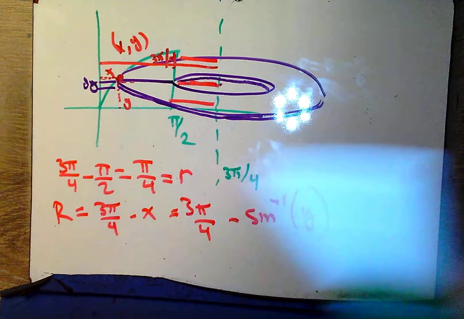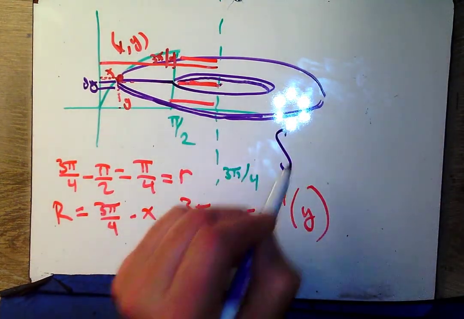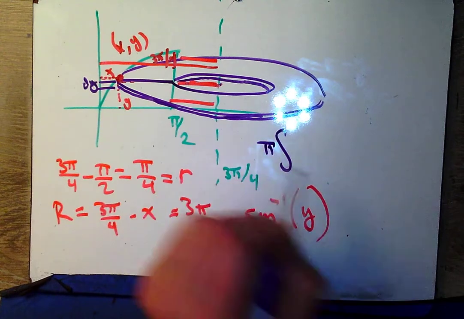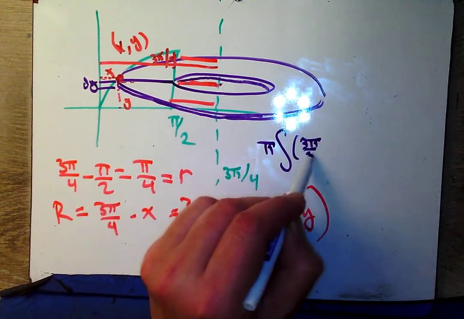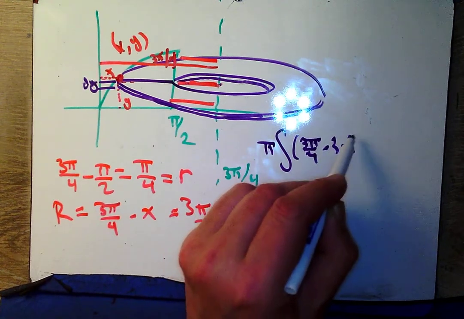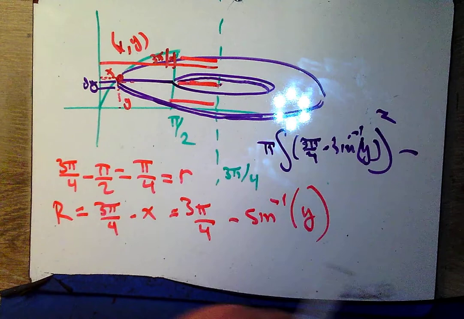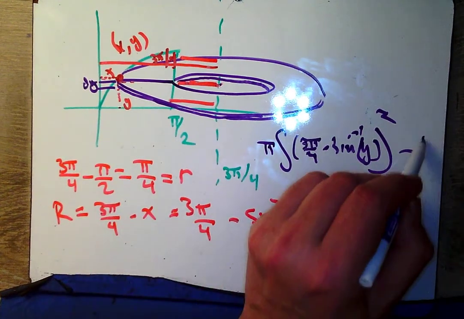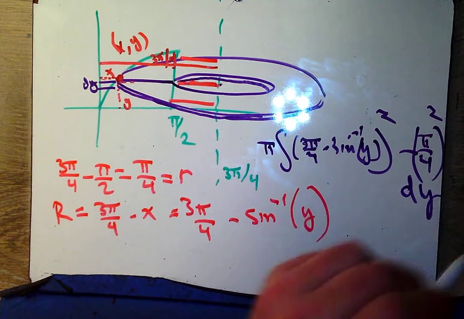Okay, so what does the integral look like? The integral is going to be pi times big R, 3 pi over 4 minus sine inverse of y, squared, minus pi over 4 squared, dy.